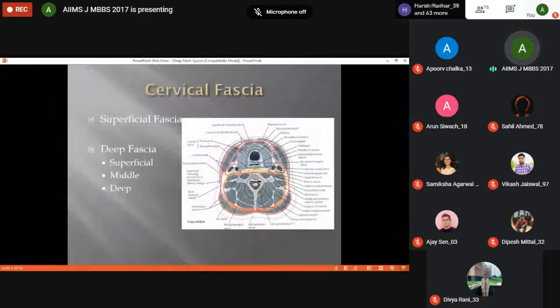So that is regarding the three layers of deep cervical fascia: superficial, middle, deep. Okay, got it.